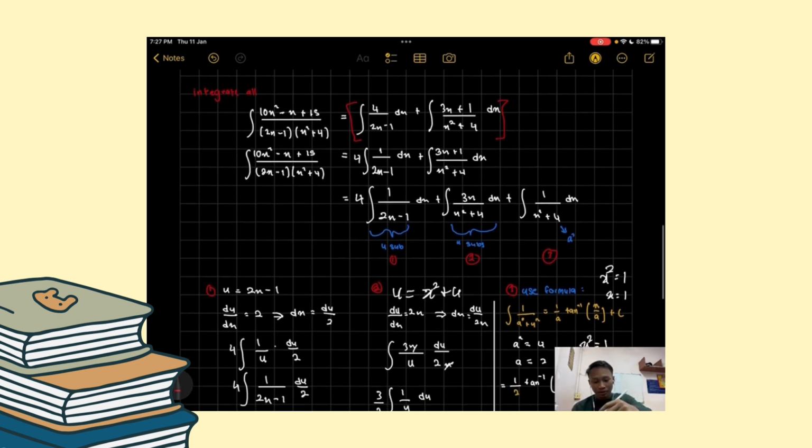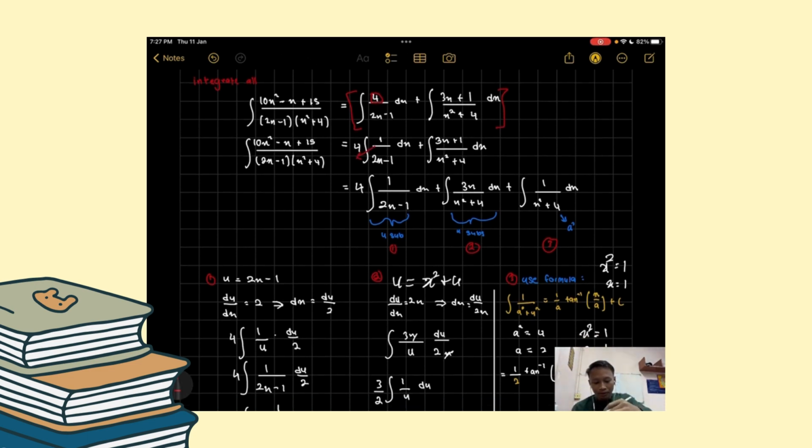As we know, 4 is a constant value, so we take out 4 outside, and we got 1 over 2x minus 1 dx. This we need to simplify, and we got 3x over x squared plus 4 dx plus another integral 1 over x squared plus 4 dx.